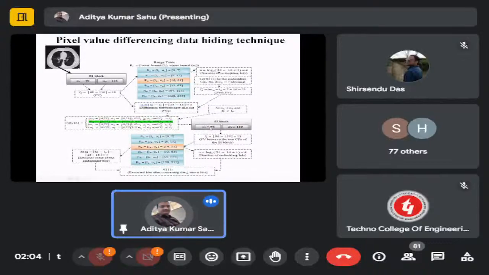O1 star is 96. Similarly, O2 star will be O2, which is 116, plus the ceiling of D by 2, that is, 5 divided by 2, ceiling value 3. So 116 plus 3 is equal to 119.